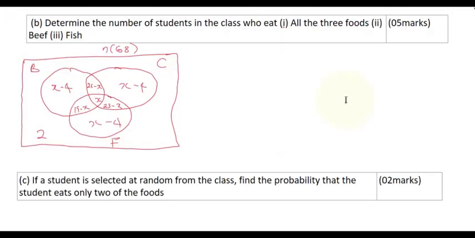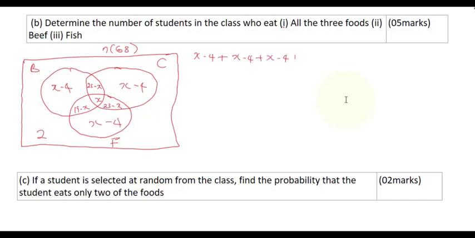B says determine the number of students in the class who eat all the 3 foods. Now, in order to get the people who eat all the 3 foods, we are going to add everything here and equate it to 68. So I'm going to start with X minus 4 plus X minus 4 again, plus X minus 4.